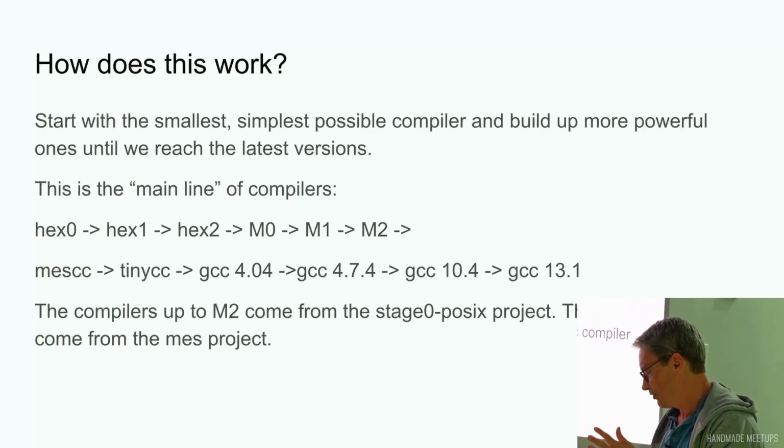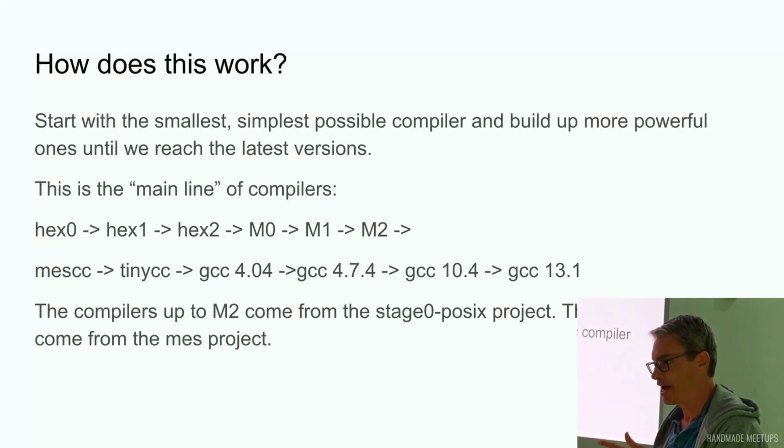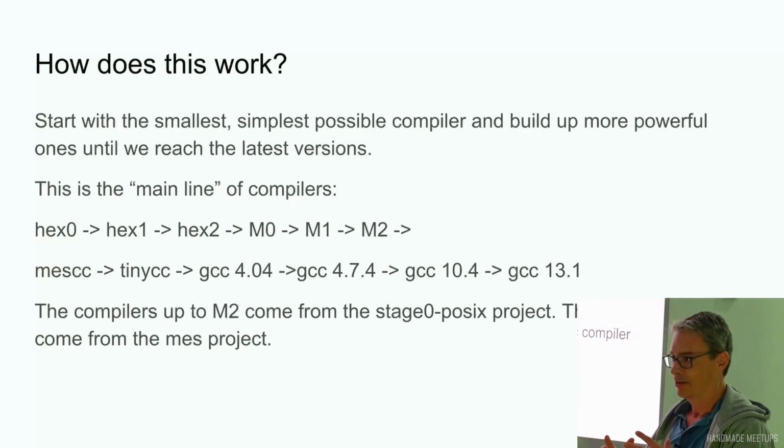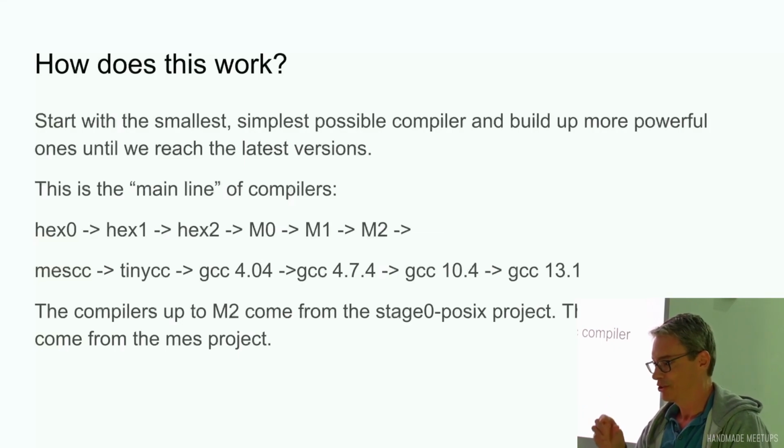That in turn is used to build M0 and M1. Both M0 and M1 are macro compilers, so they're like macro assemblers. They simply substitute macros, kind of like assembly, but just search and replace type. And so you'd have an opcode and then some hexadecimal after that.